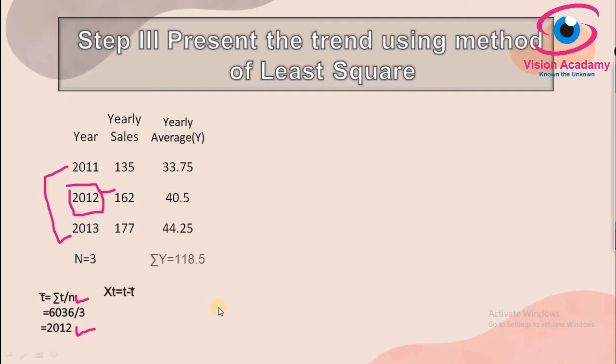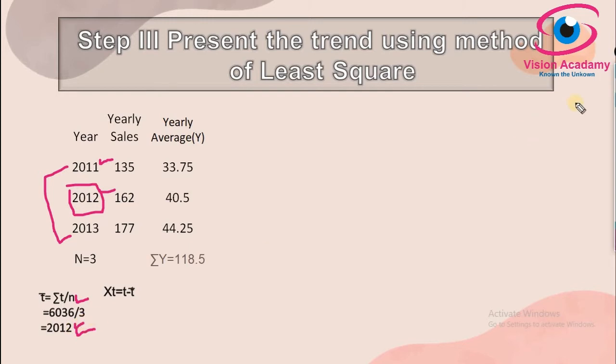So the next step is xt. xt means we have to find the deviation value. For that we need a next column. For moving further in the least square method, xt is equal to t minus t bar. T is the year, and t bar we found here is 2012.